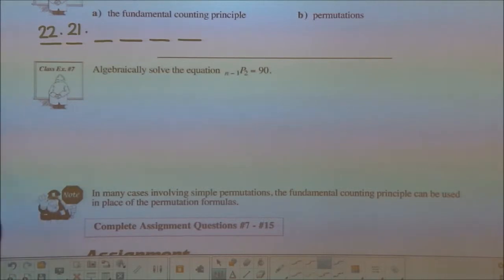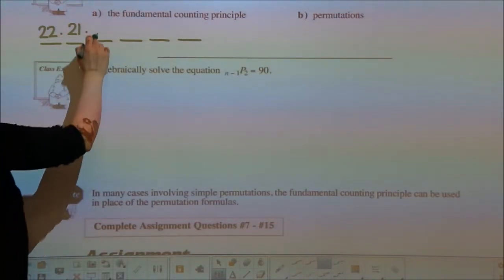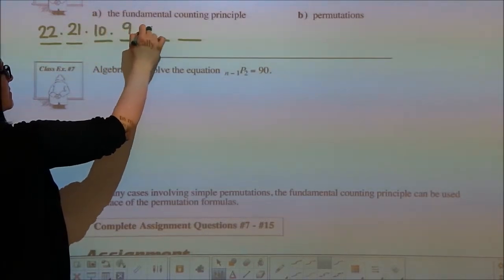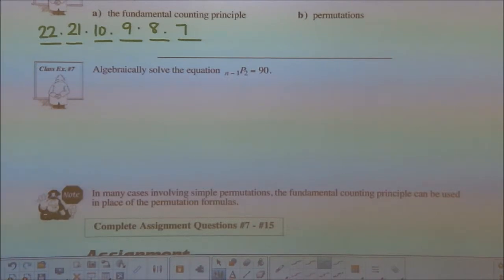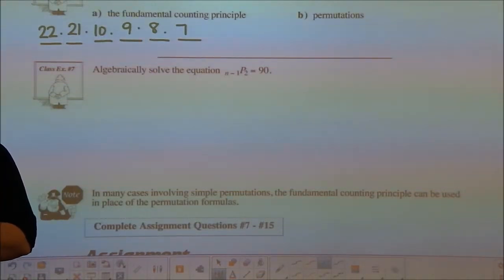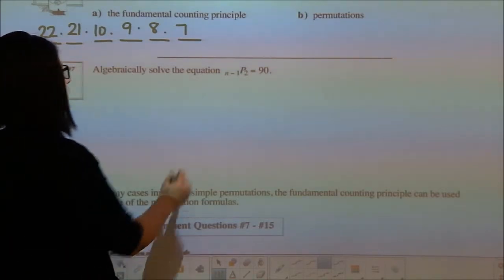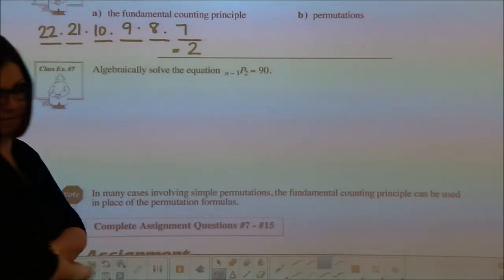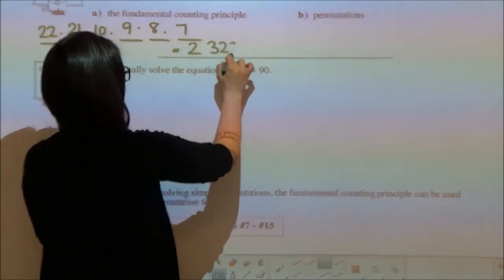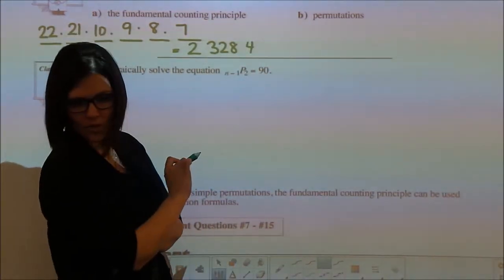How many digits do I have possible for the first choice? 10. And then 9, 8, 7. Okay, so if I multiply all of that together, what do I get? 2,328,480. Yeah.